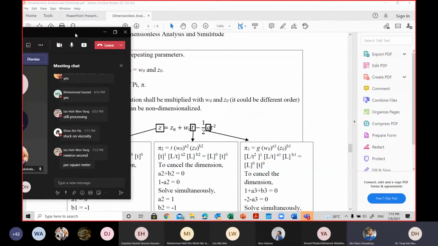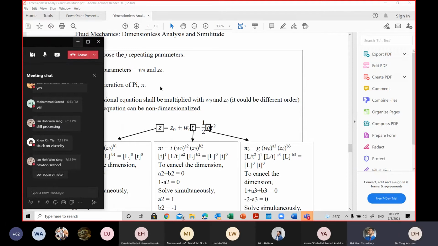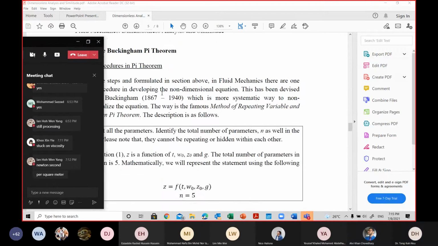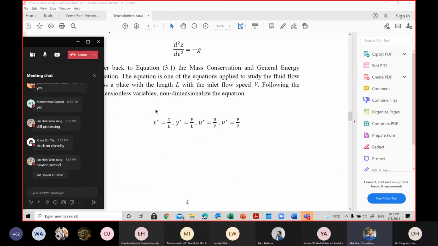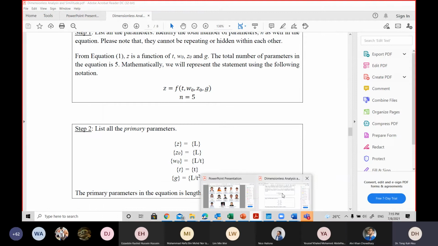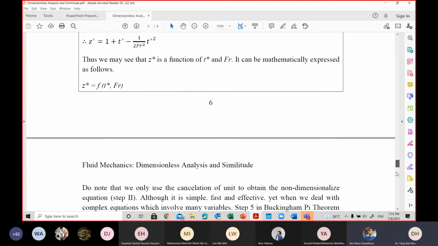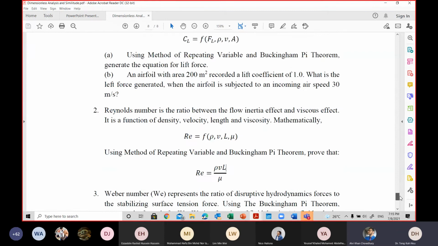Yes, sir. For the n, it is always the number of variables we have, right? So in this case, this is 4, or 5? n should be 4, right? Why is it 4? Because we have 4. Okay.